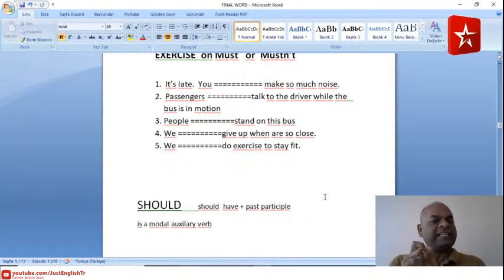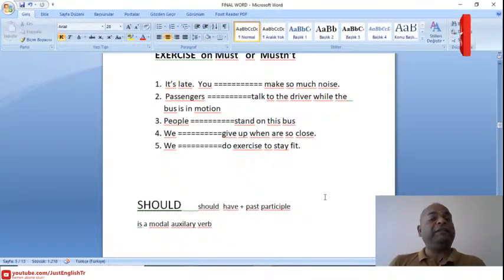Okay, I think there is a possibility here. We can use must or mustn't. Generally in a moving bus, we are not supposed to stand, but when there's no space in the bus, sometimes people do stand. So here we can go with Emra's answer, people must stand on this bus.